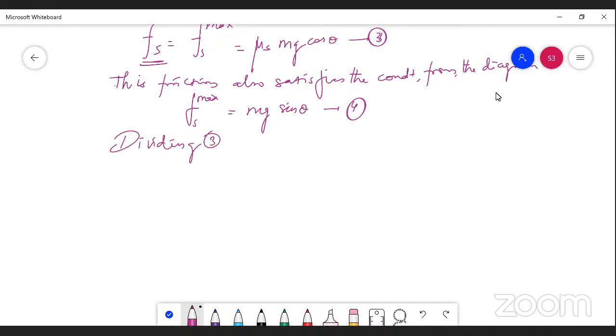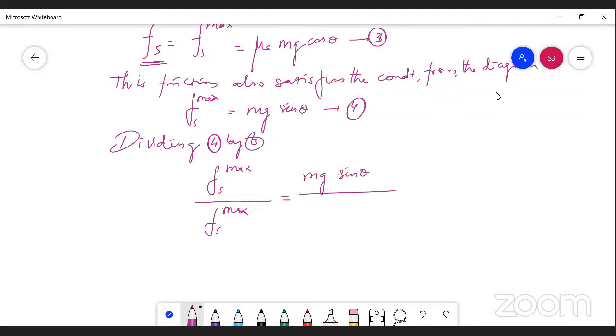Dividing 4 by 3, we can write Fs maximum divided by Fs maximum is equal to mg sin theta divided by mu s mg cos theta.